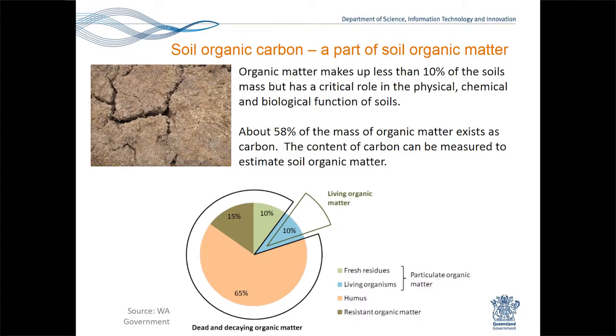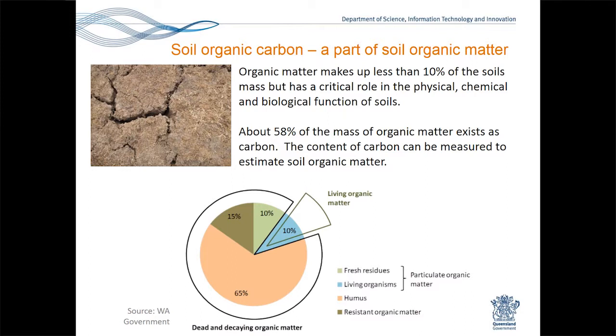And so what you can do to get a measure of how much organic matter you have in your soil is you can measure the concentration of that carbon in your soil, and then you can do a calculation to say, well, that's the proportion I have as organic matter in my soil. And so this is a nice diagram down here, Western Australian Government produced, showing that about 10% of that soil is living organic matter.